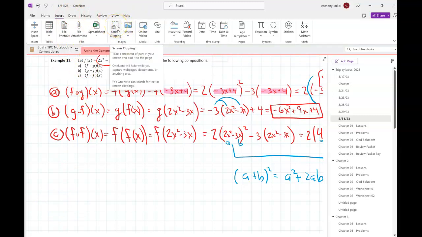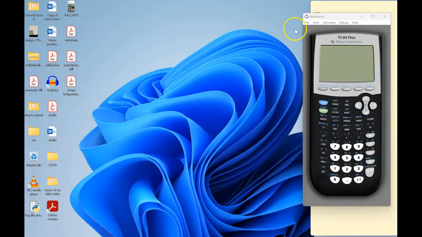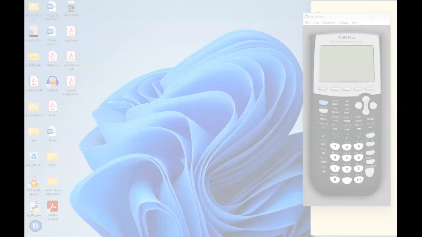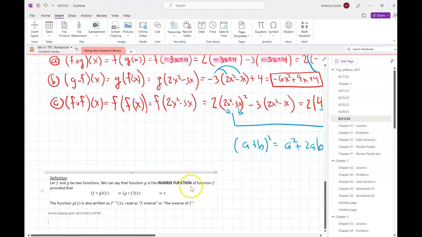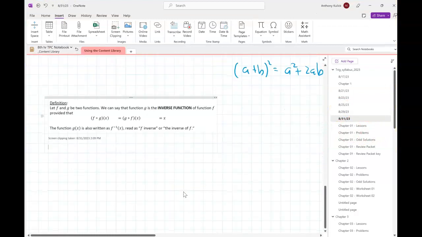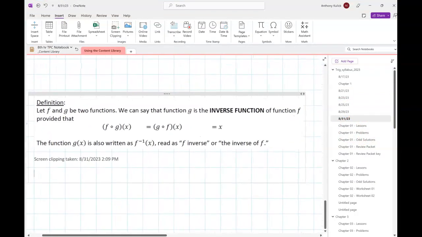The beginning of that explanation is that we use function composition to define the concept of an inverse. So let's look at what that means. Again, this is a term that you should remember from Algebra 2 last year, assuming that you had a good Algebra 2 experience, which I know was not the case for all of us all the time.